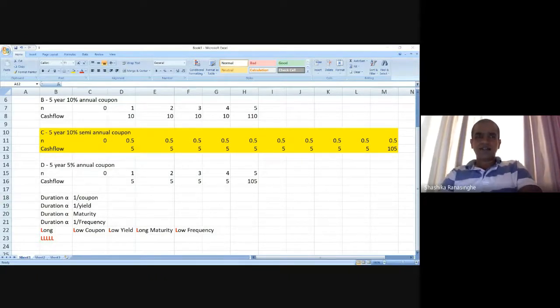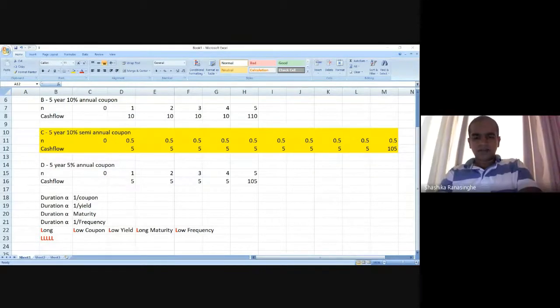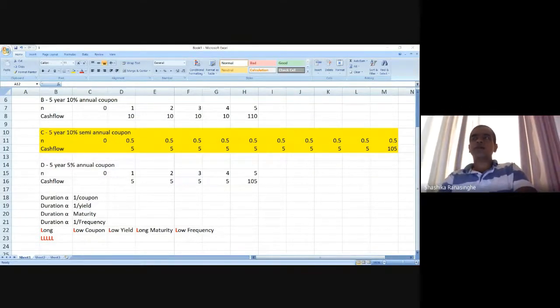Right. So high frequency means you prefer to receive a daily salary, isn't it? So daily salary means what? Duration is high or low? Low duration. You want the duration of the salary to be low so that you get salaries more often.